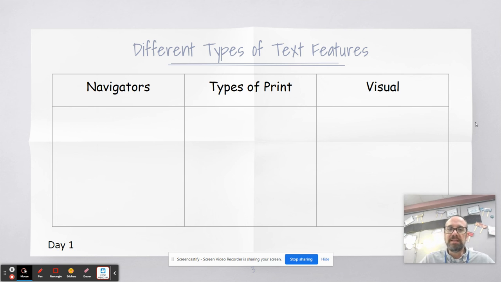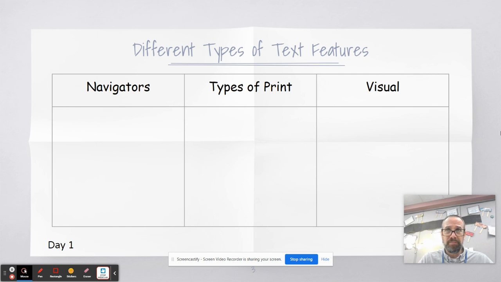A glossary is kind of in between a navigator and types of print, because types of print are usually embedded in the main text, and they're going to be bold, which will often lead you to a glossary, so kind of like a navigator. They would be your size of print, so your headings and subheadings really are trying to grab your attention and tell you what you're going to be reading in this section.